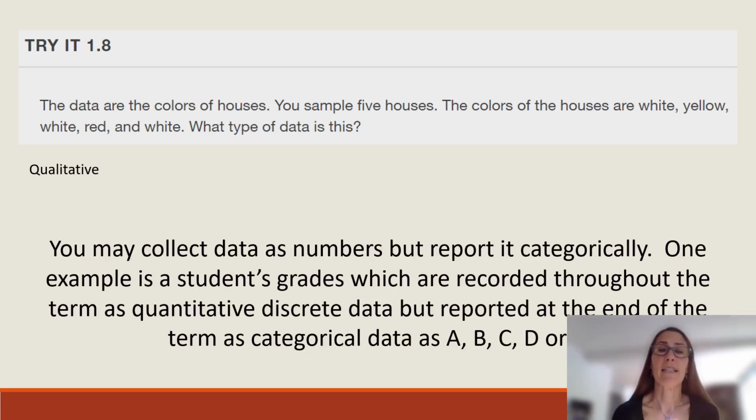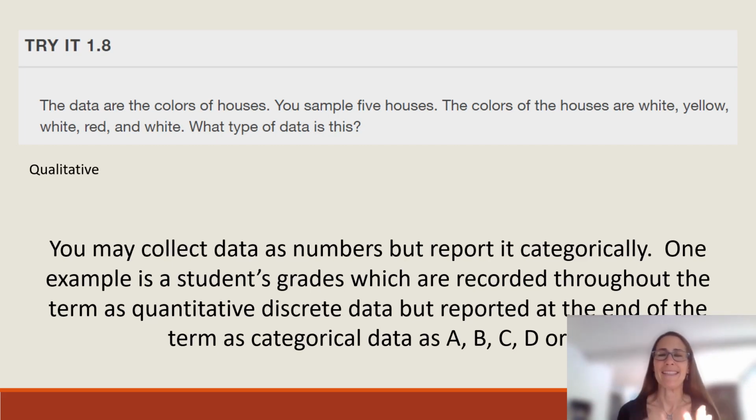You might collect data as numbers, but report it categorically. One example is a student's grades, which are recorded throughout the term as quantitative discrete data, but reported at the end of the term as categorical data, A, B, C, D, or F. You could also argue that that would be quantitative continuous data because you could have an 85.5.